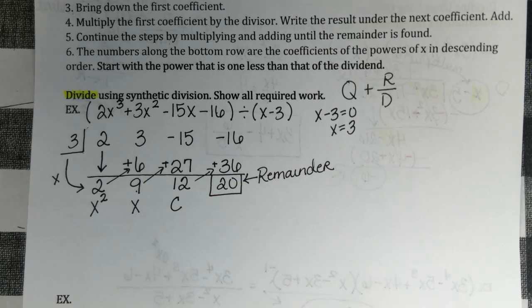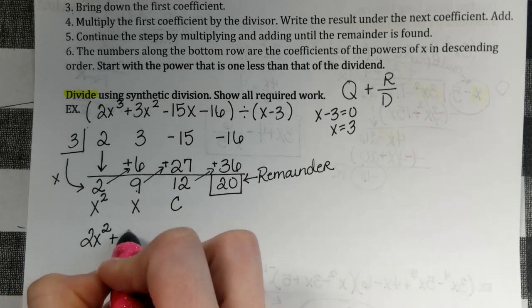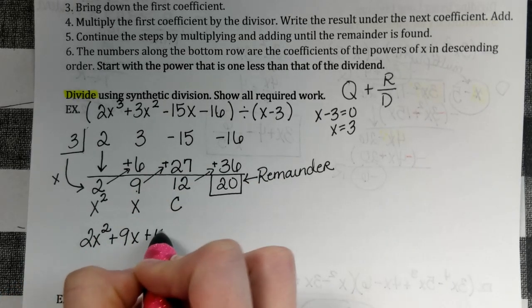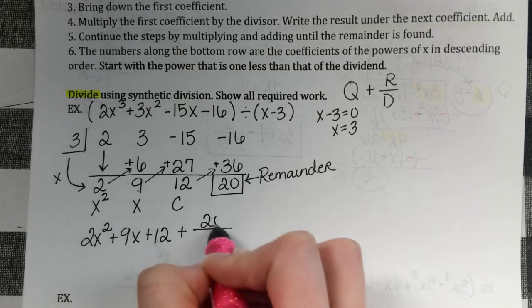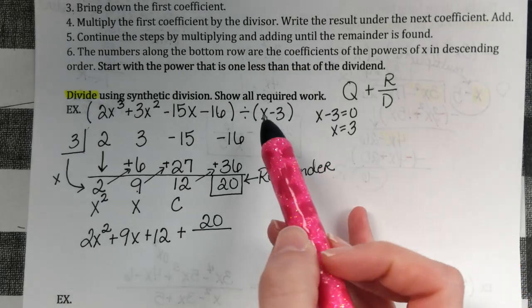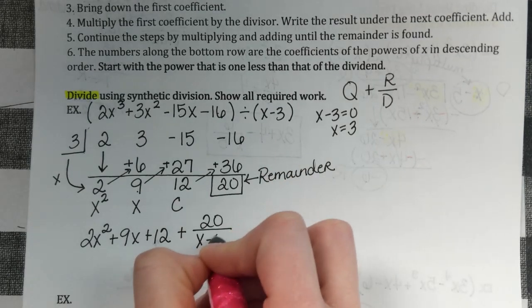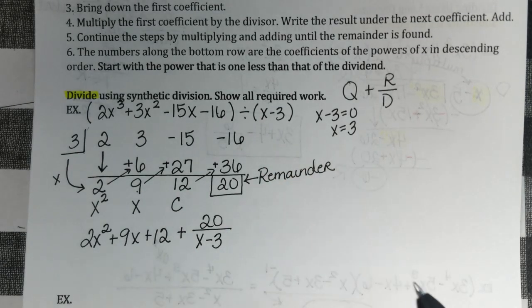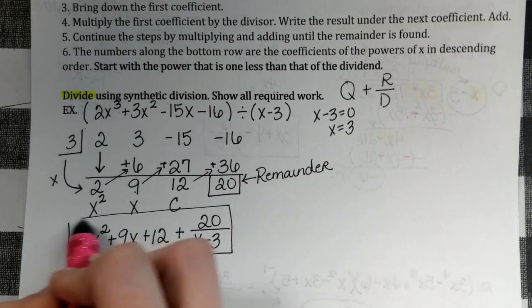You just put it in standard form. So this tells me that I have 2x squared plus 9x plus 12 plus my remainder of 20 over my divisor. My original divisor was x minus 3, so I put it as x minus 3, not 3. And then that is my answer.